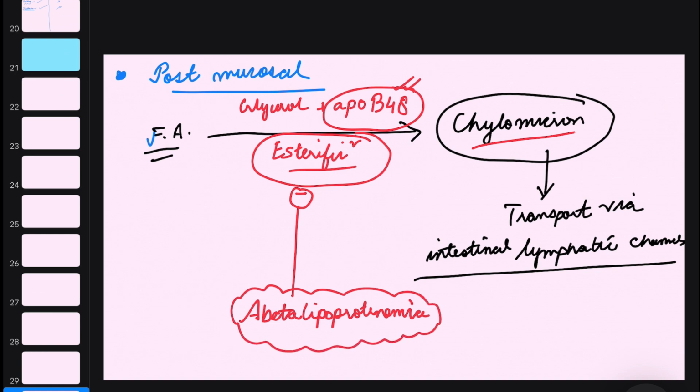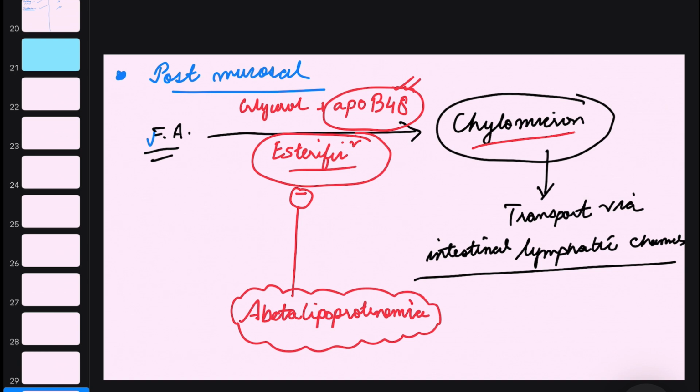Very, very interesting. If there is a problem with the esterification reaction, basically ApoB48 deficiency occurs. We'll actually talk about this later. So esterification won't occur, chylomicrons won't be formed, and so there is malabsorption of fat. I won't get fat in my cells. Okay, this is one defect.